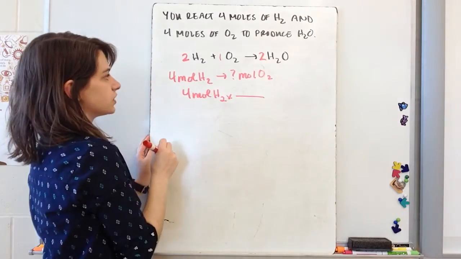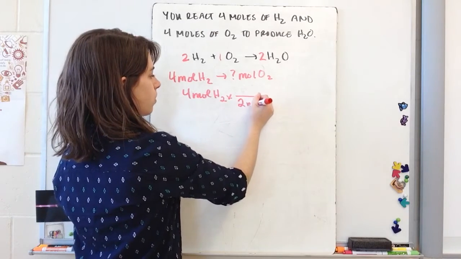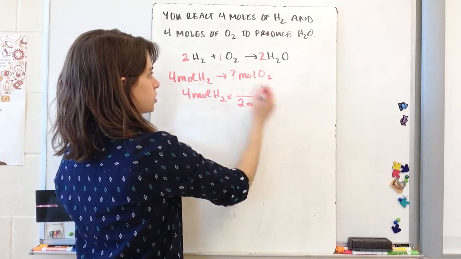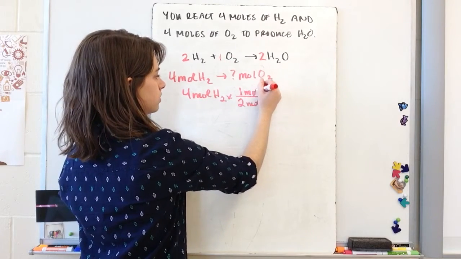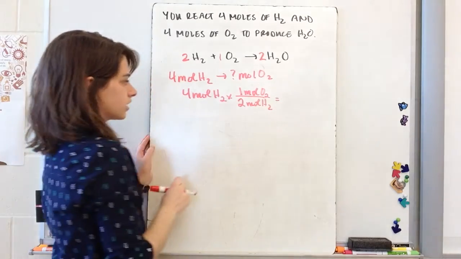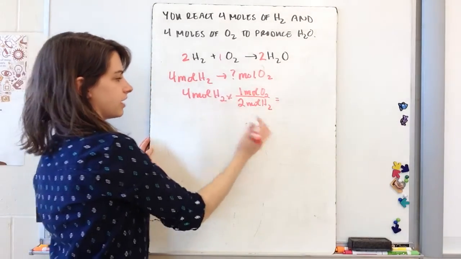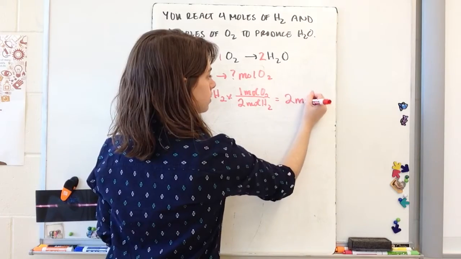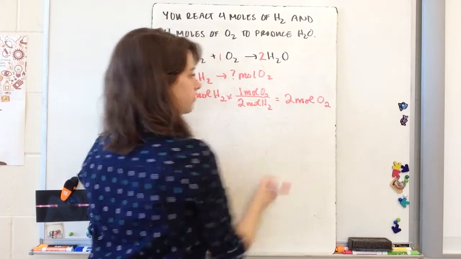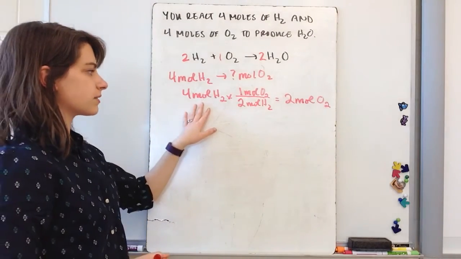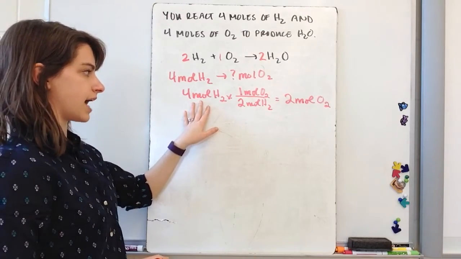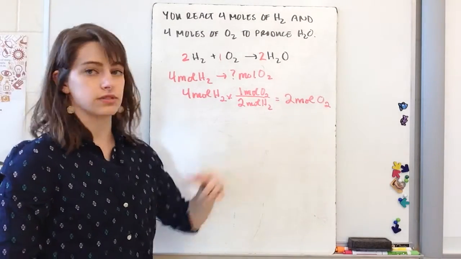If I look at my coefficients, I know that for every 2 moles of H2, I need 1 mole of O2. So if I do 4 times 1 divided by 2, I need 2 moles of O2. So if I'm going to react all 4 moles of my hydrogen, I need 2 moles of oxygen.